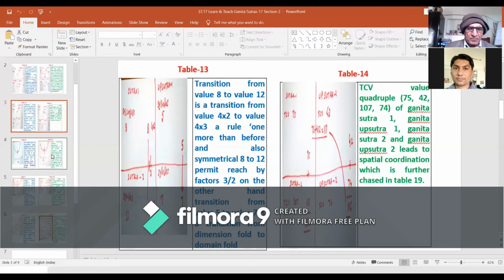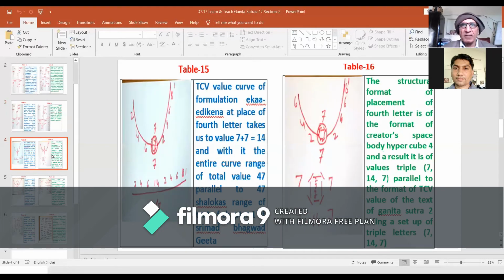Table 15 is the table which is bringing us face to face with how the TCV value curve of formulation Ekadikane, at the placement of its 4th letter, is providing value as 7 plus 10 because of the spatial order of format of this seat.